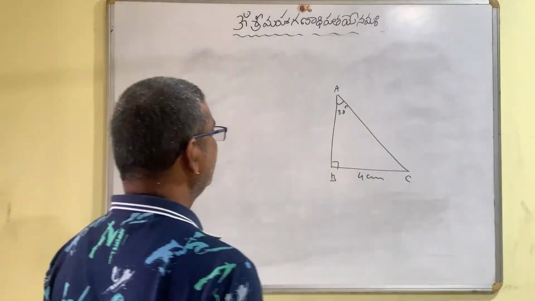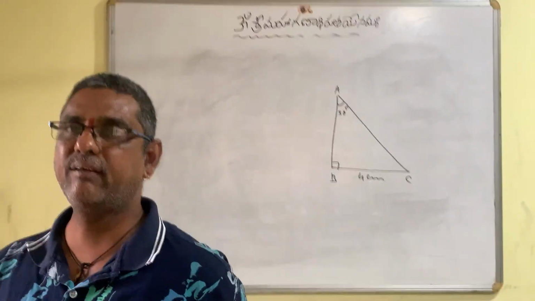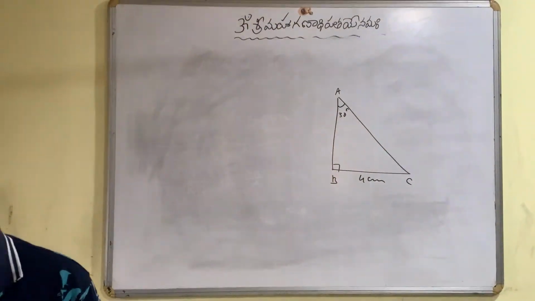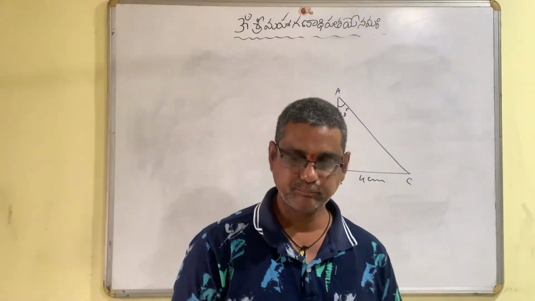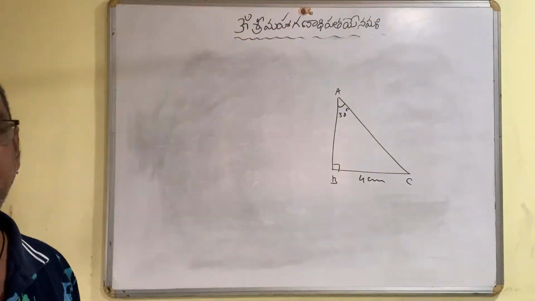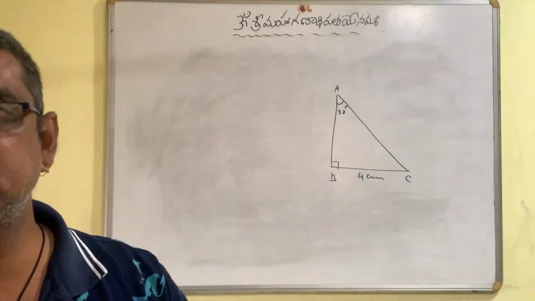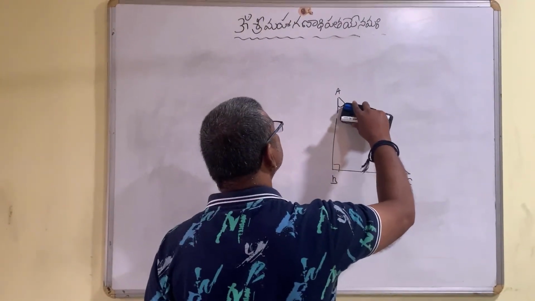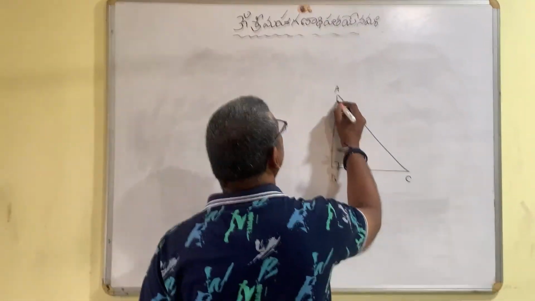Once again, if I know any one side out of 3 and one of the acute angles, I can find out the remaining 2 sides by using trigonometric ratios. So we will see this problem. Now first, we will go ahead with the basic problems.